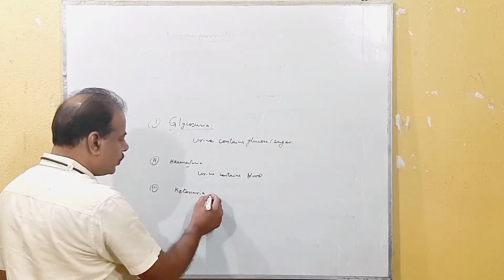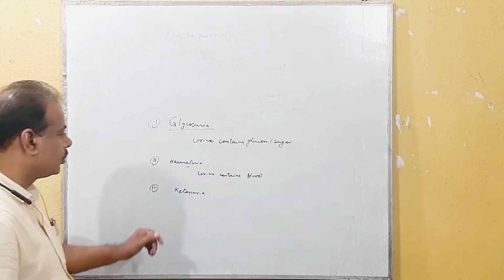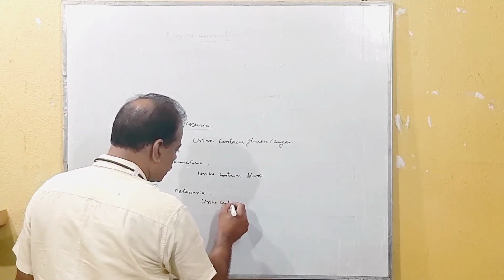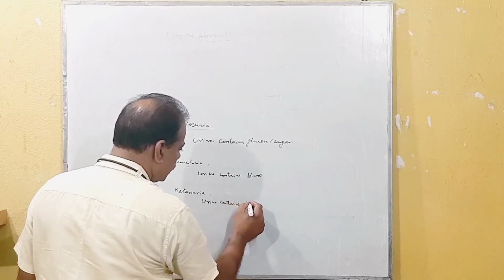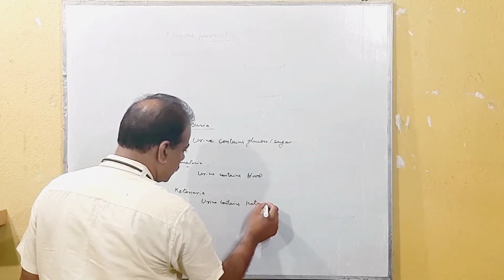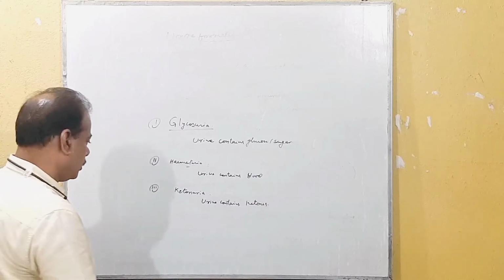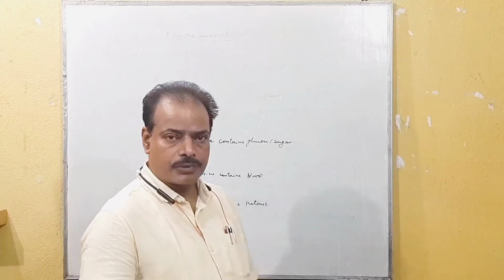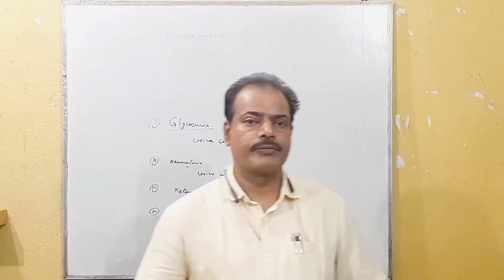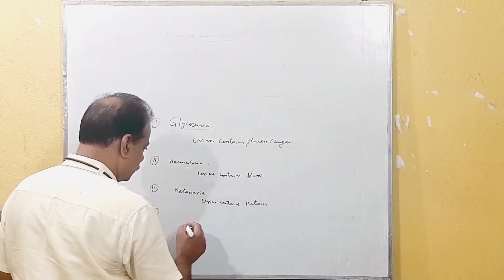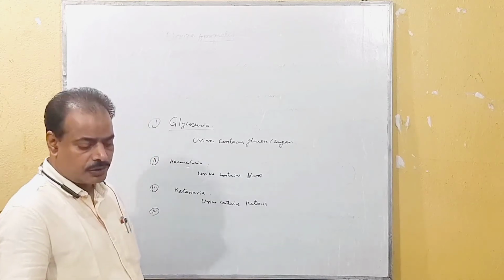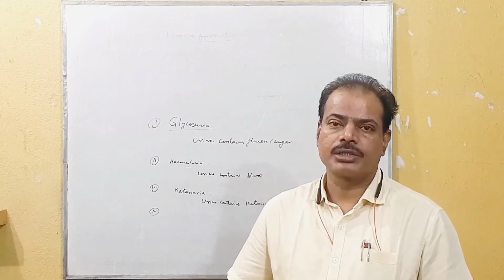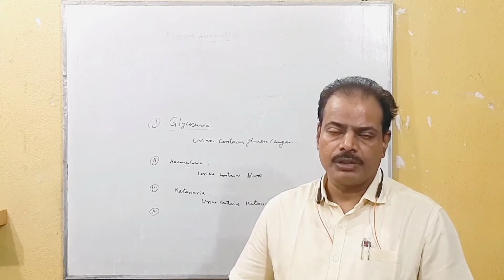Ketonuria. Ketonuria is the condition in which urine contains ketones. Sometimes the urine may contain two different types of yellow pigments, which are known as bilirubin and biliverdin.